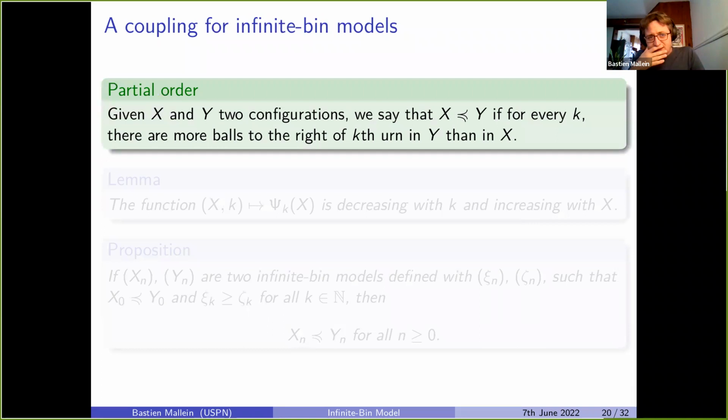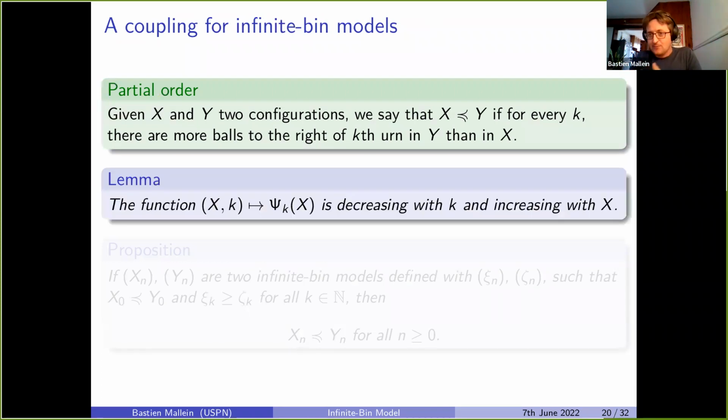And what is interesting here is that you can construct a partial order on the space of configurations such that the function psi will be both decreasing with respect to k and increasing with respect to the configuration.